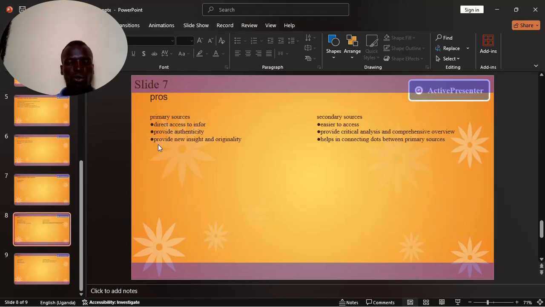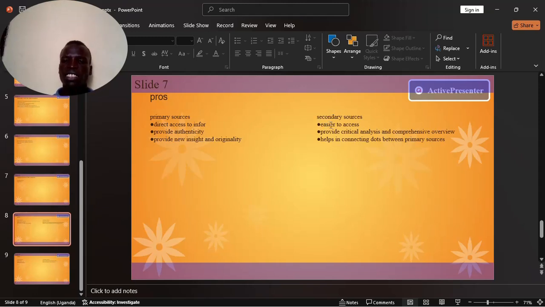This will link you directly to the original thing that happened or the occasion. So it's always the exact data that took place in history. It's always original, I can say.